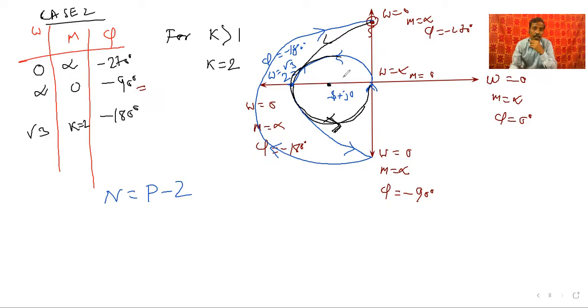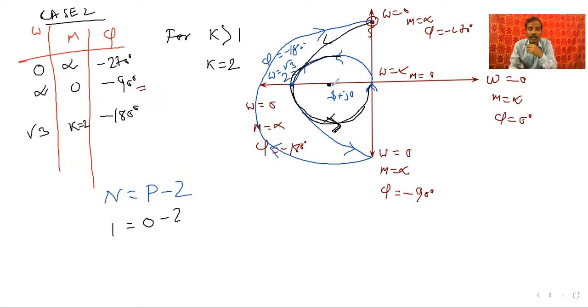Put here 1. t equals to 0, z equals to what?